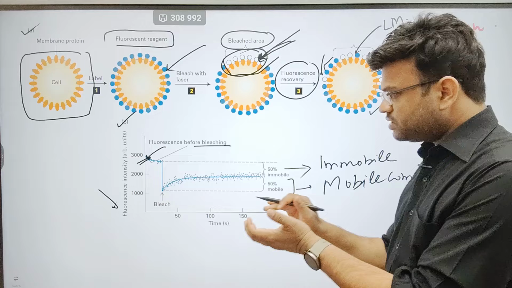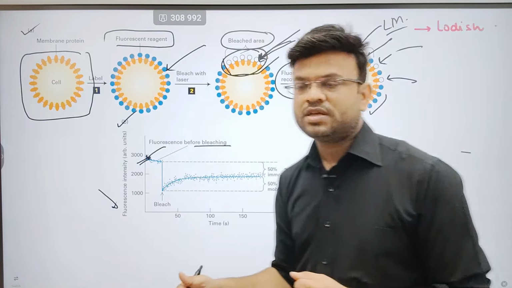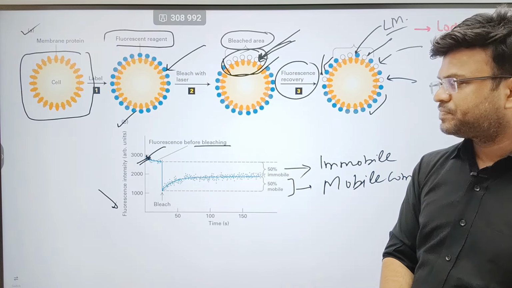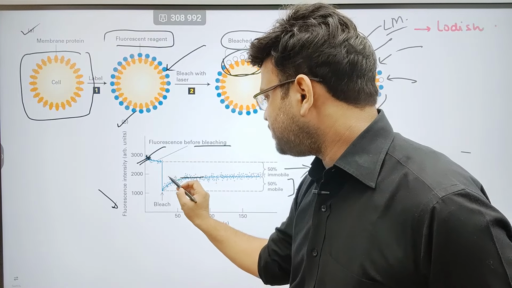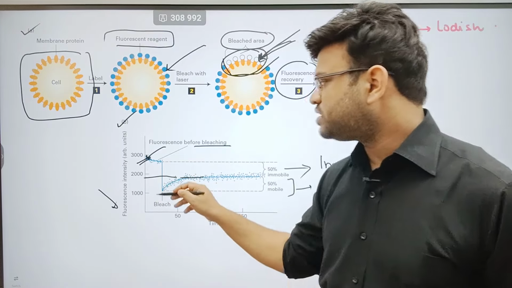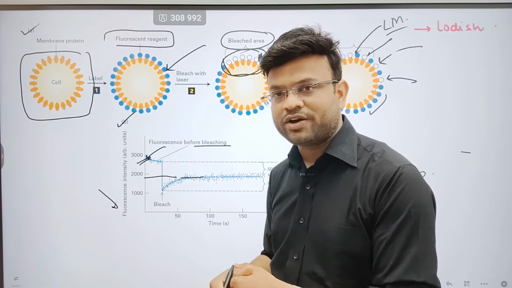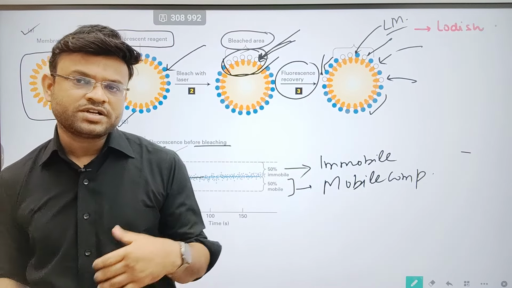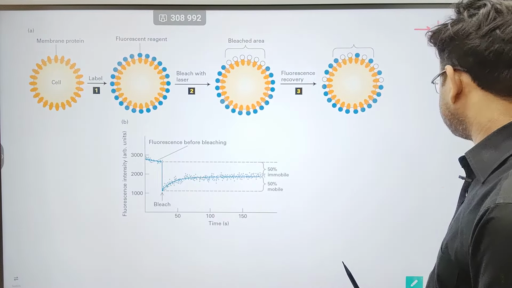The portion that has recovered is due to the mobile components. The portion that was not recovered is because of the immobile components. We could not recover it completely, because let us say the level over here is around 2000, but the initial level was somewhere around 2800. So we were not able to recover it fully. The unrecovered portion is because of the immobile components, the recovered portion is because of the mobile components. So I believe you would have understood this.